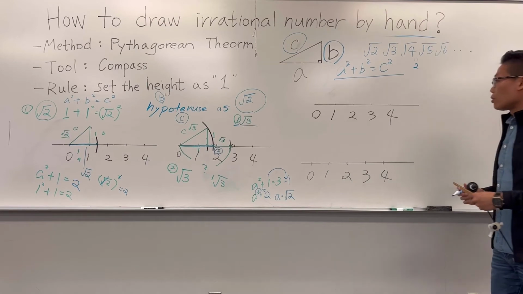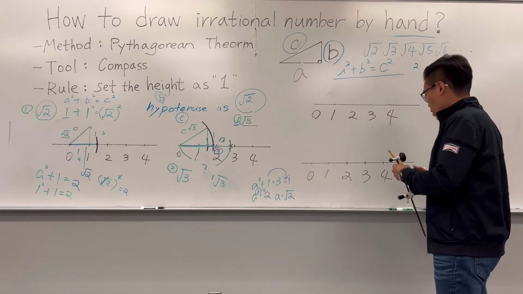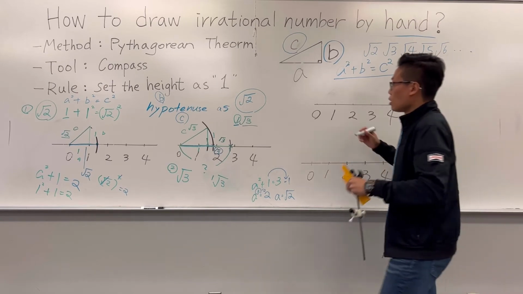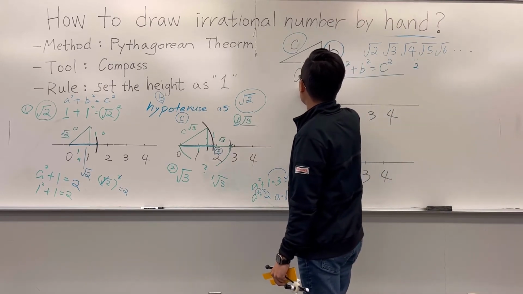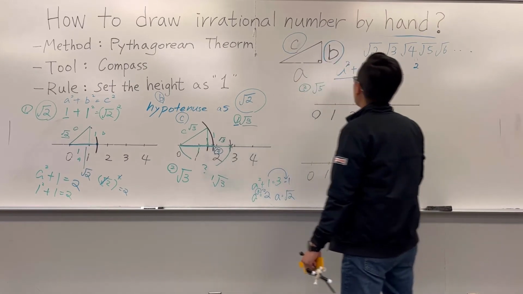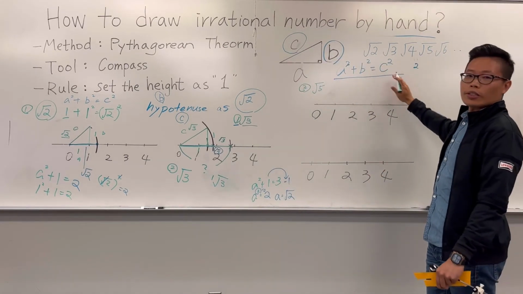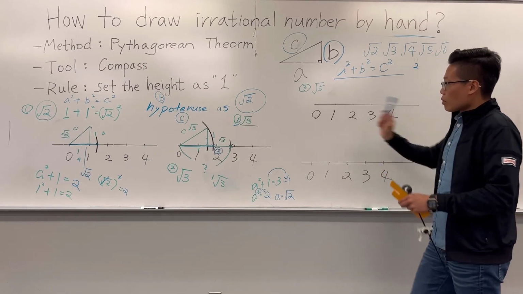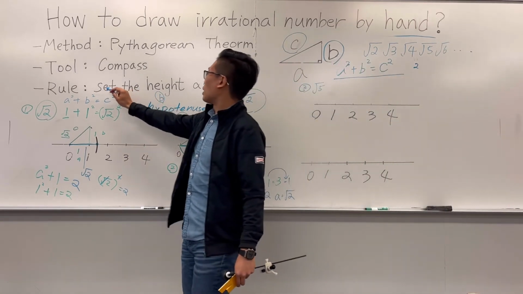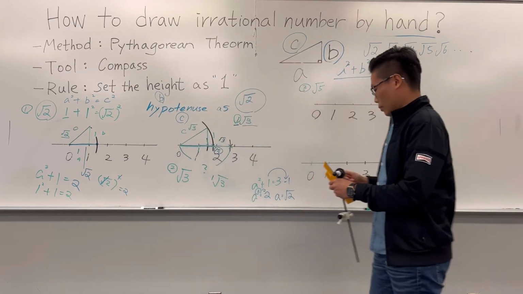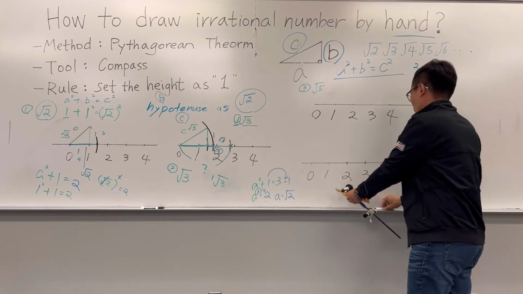Alright, the next example will be the square root of 5. We have the formula here, so I don't have to write it down again. Back to the rule: set the height, which is b, as 1.